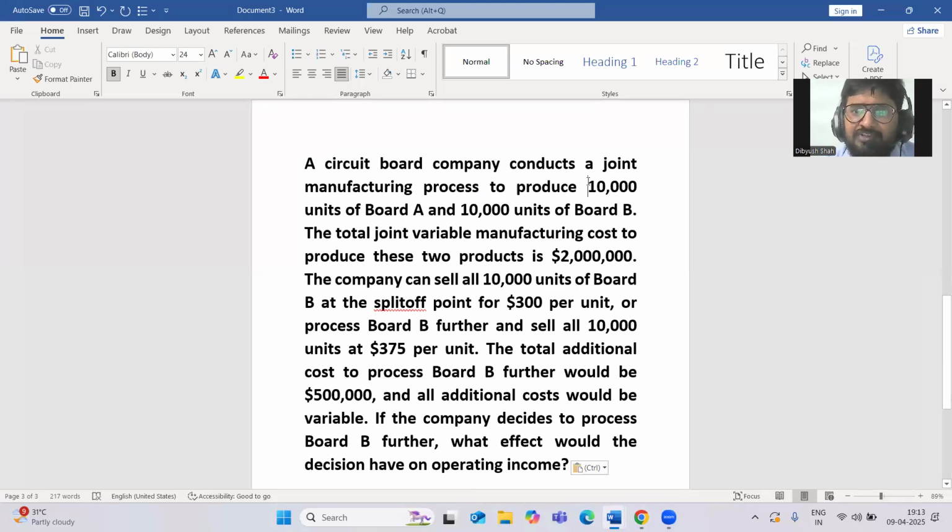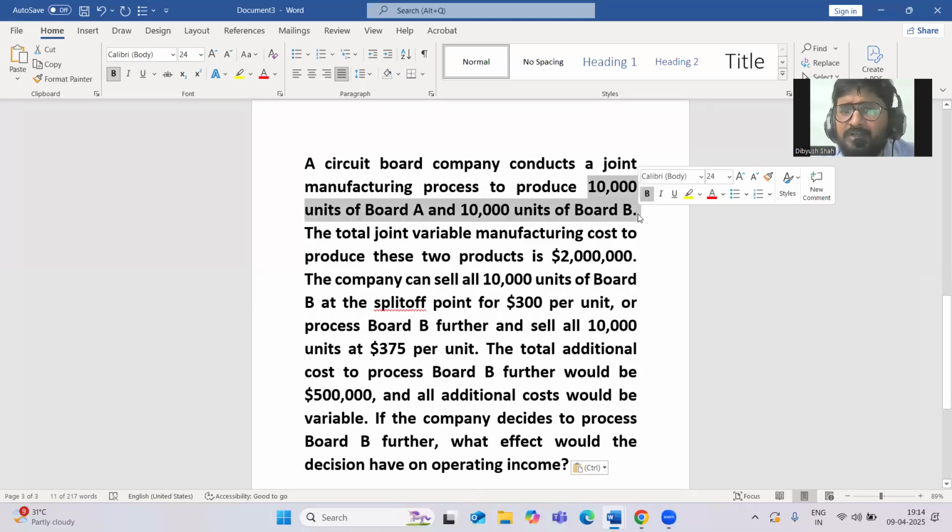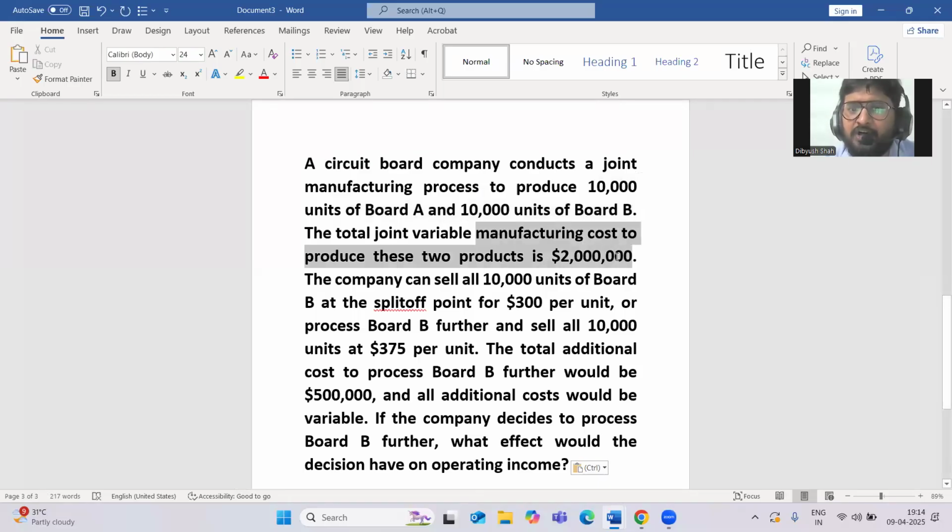What do they produce? 10,000 units of board A and 10,000 units of board B. The total joint variable manufacturing cost to produce these two products is 20 lakh dollars. So this is the joint cost, sunk cost, irrelevant to decision making.